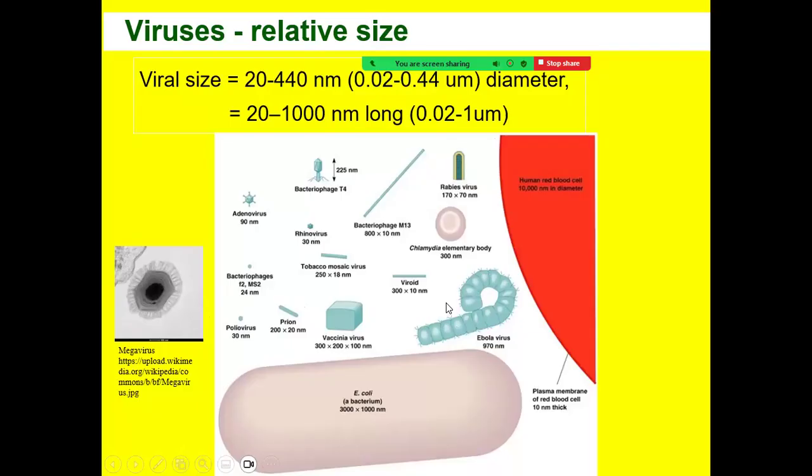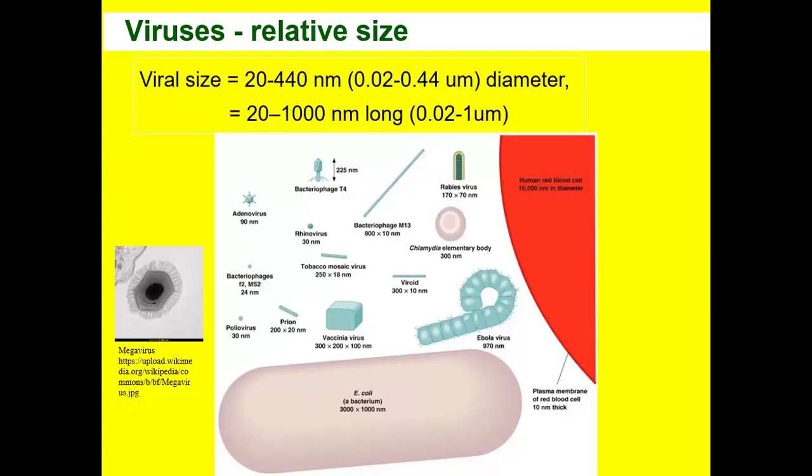The smallest viruses get down to 24 nanometers, but most of you probably have never heard of bacteriophage MS2, one of the smallest viruses known. The smallest virus you know is probably, oh gosh, what's the name of that?